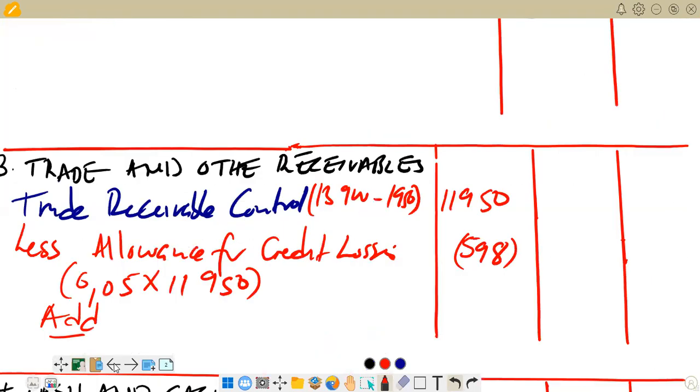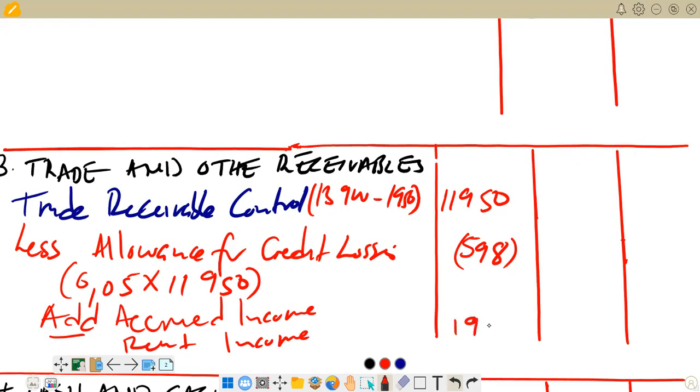So we add accrued income, and the accrued income that we have is rent income, 19,800. If there were many, we're supposed to just list the accrued income there, then put the total here. Since we have one, it's going to be 19,800.